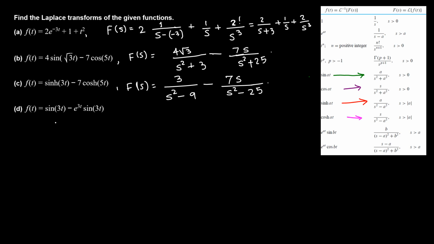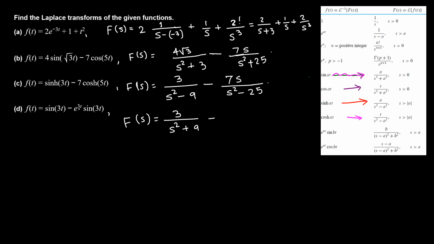Final. And the last question here, now the Laplace transform is sine 3t, it's like sine at. So here, using that, we get a over, that means 3 over s squared plus a squared, 9, 3 squared 9, minus the exponential function e to the 3t times sine 3t.